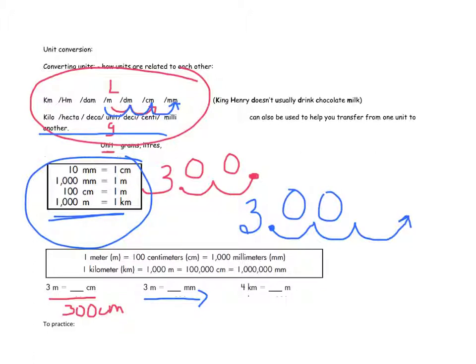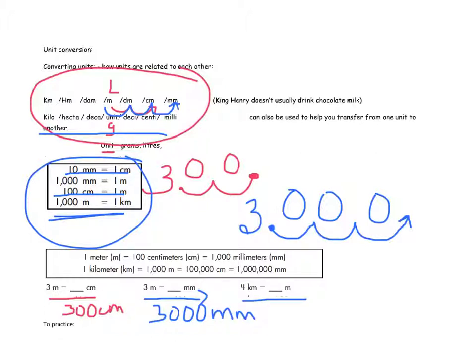I fill those in with zeros. 3,000 millimeters. And again, if you know that 1 centimeter has 10 millimeters and 1 meter has 100 centimeters, you can figure that out. Because 3 meters is 300 centimeters, and then you multiply by another 10 because there are 10 millimeters in each of those 300 centimeters, which gives you 3,000. Both ways work just fine.